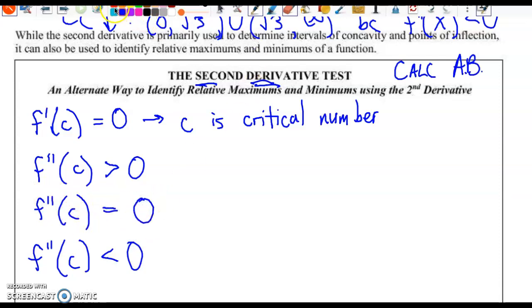So let me try and give you a picture real quick of what's happening. Remember, if c is a critical number, it could be a min or a max. So let's say that we found c is a critical number and it's concave up. Remember, if it's positive, it's concave up. So what that means is it needs to be at the bottom of a curve. So that tells us c is a min.